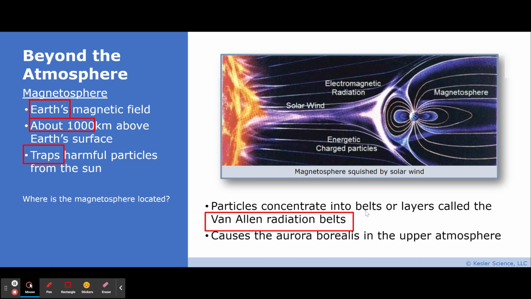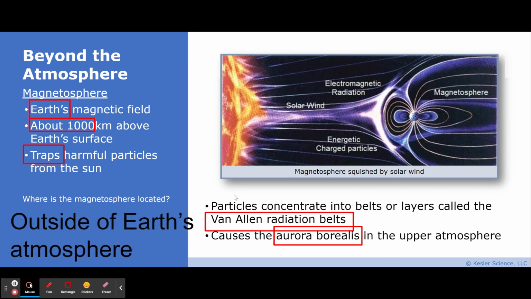So particles concentrate into belts or layers called the Van Allen radiation belts. It causes the aurora borealis in the upper atmosphere. All right. Where is the magnetosphere located? Outside of Earth's atmosphere. So really make sure you pay attention to the Van Allen belts.